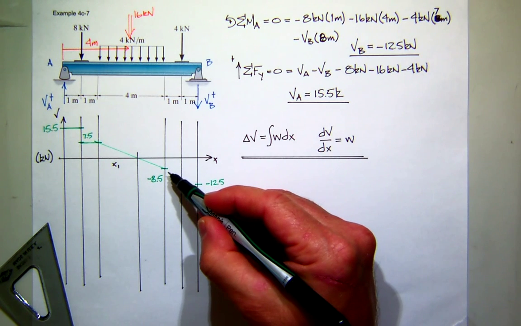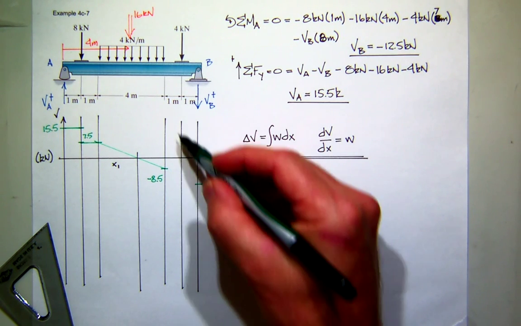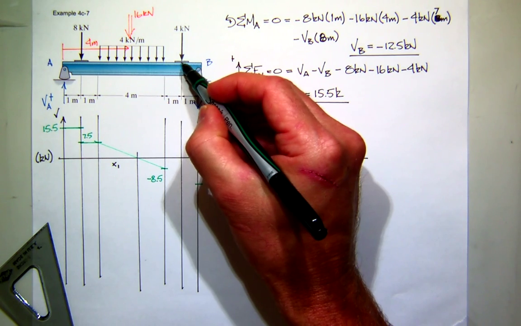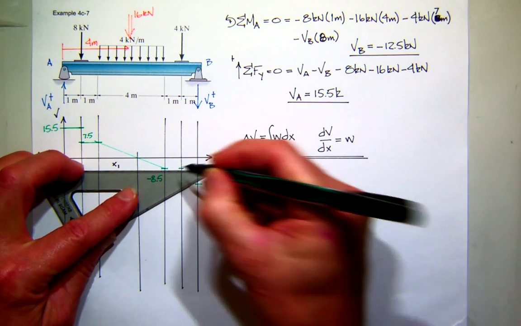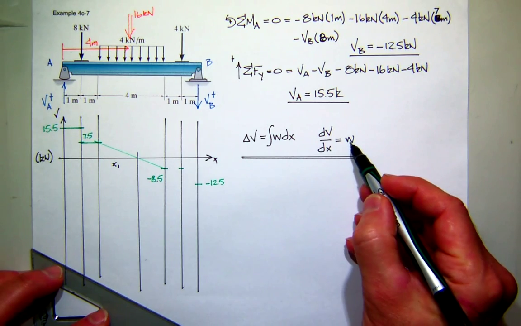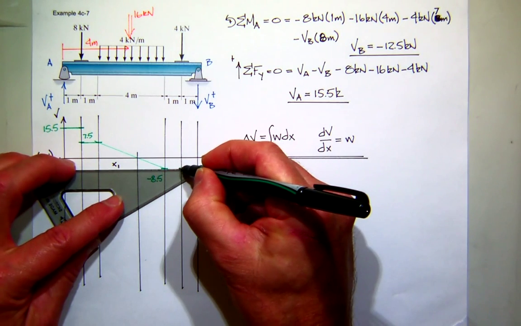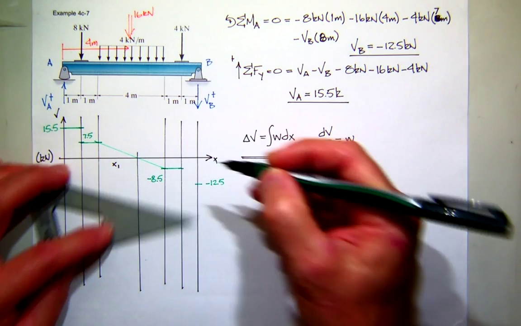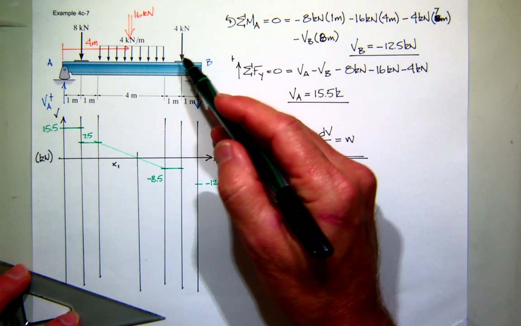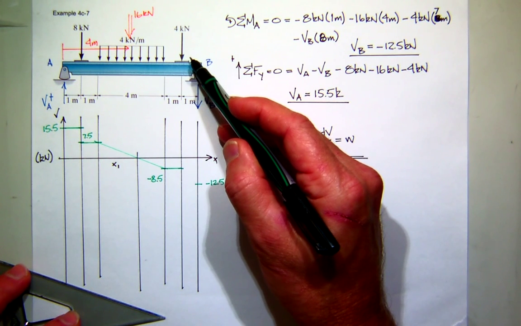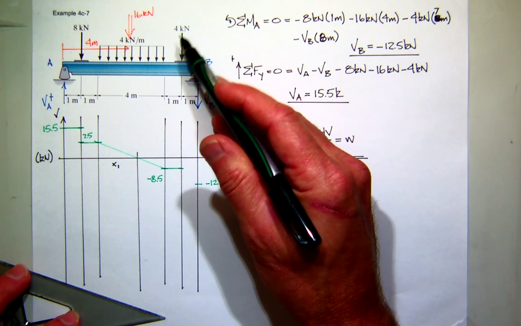So what happens over the next meter? The load is 0, so there's no change. The slope is given by the load. The load is 0, so that's a 0 slope, horizontal line. And then what happens as we go from the left to the right-hand side underneath this 4-kip load? Yeah, the shear changes negative 4.